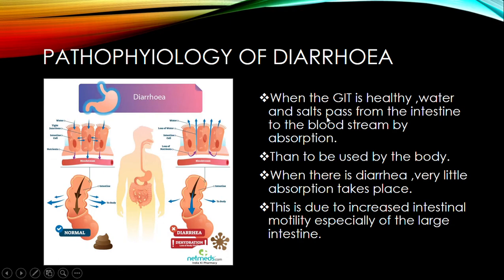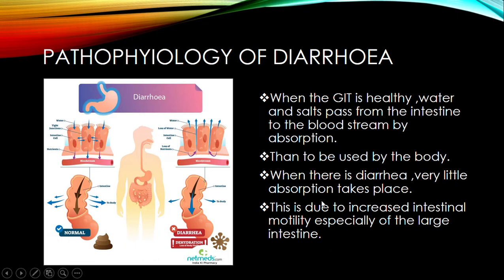So let's continue to look at the pathophysiology. When the GIT is healthy, water and salts pass through the intestines to the bloodstream by absorption. Then the water and the electrolytes are used by the body.